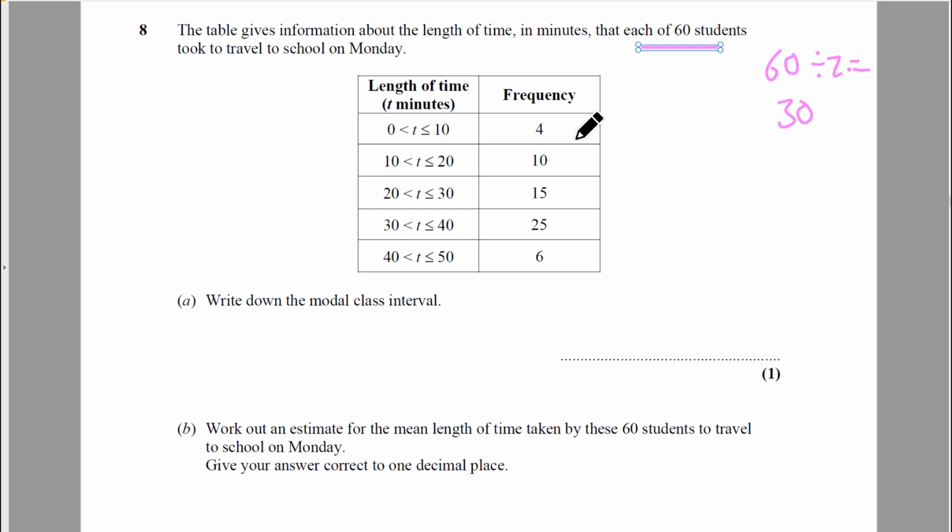So the 30th student appears, there's 4 here, that's 14 up to here, 29 up to here, so the 30th student appears in this box. So the class interval, this is the class interval, you would write that. That's an easy mark to gain.